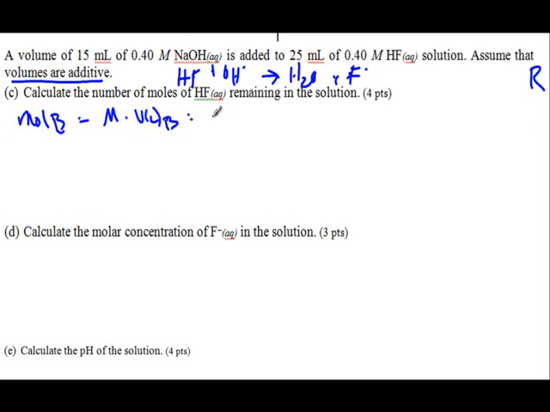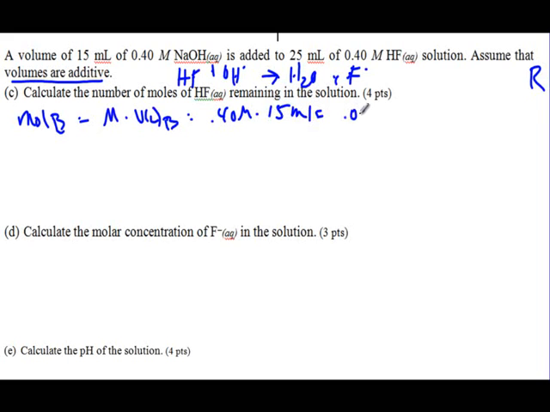So that's 0.40 molar times 15 milliliters, which is 0.006 moles. And this is limiting, I can tell because I've got fewer milliliters of that. They're the same molarity, but I've got more milliliters of the HF.